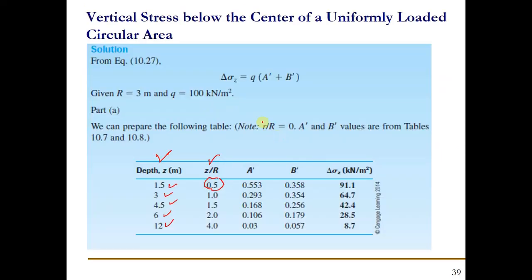So r by R is equal to 0 and z by R is 0.5.